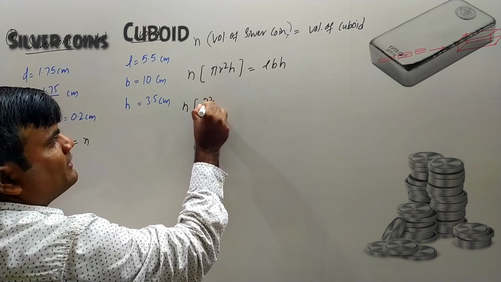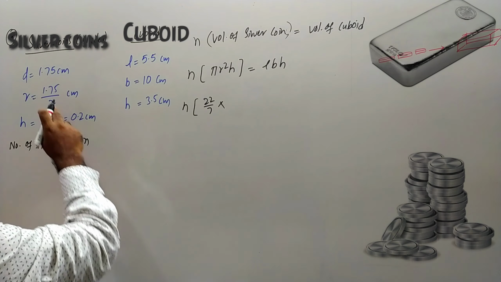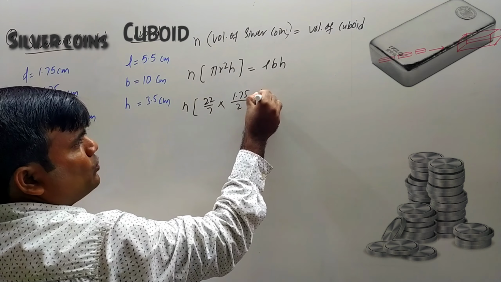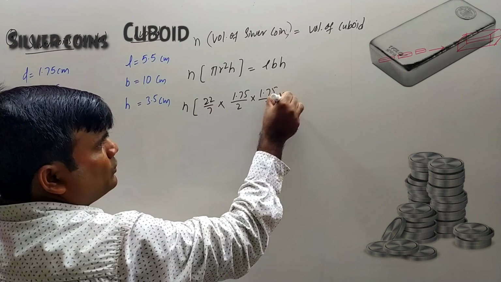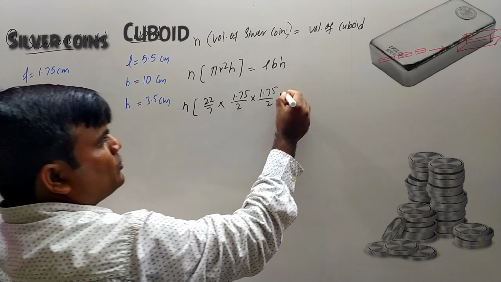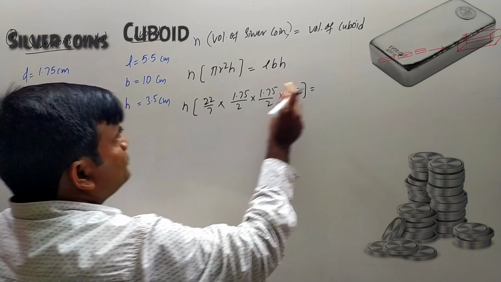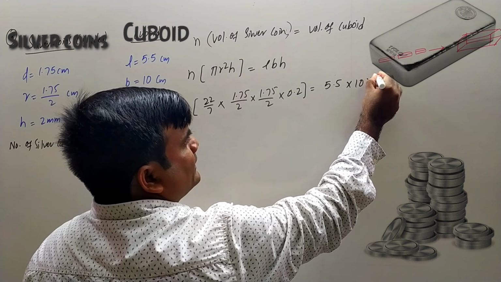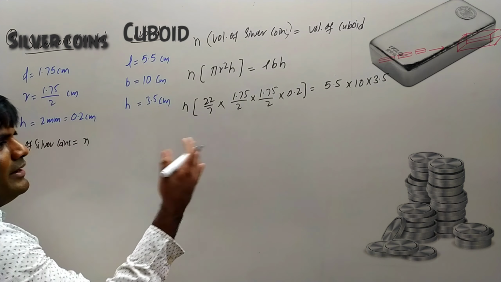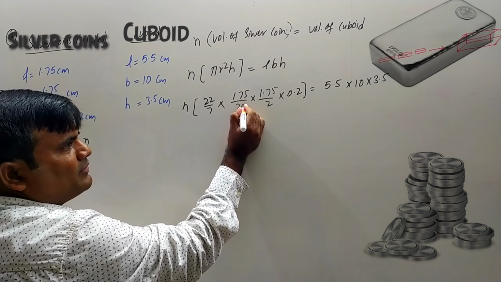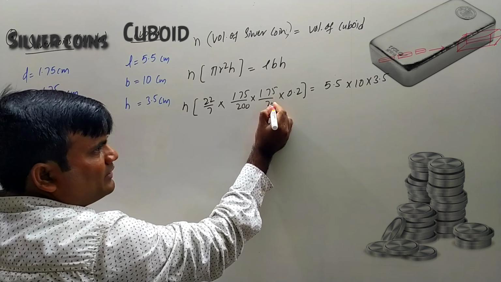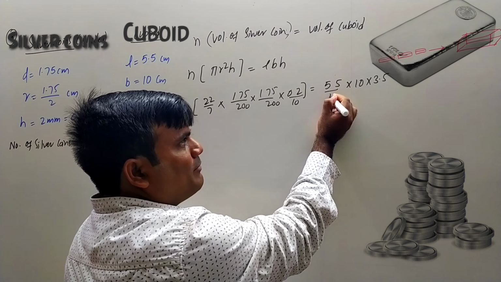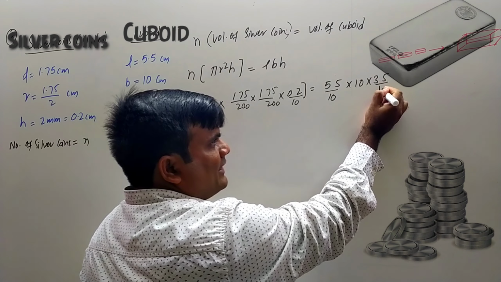So 22 by 7 into r is equal to 1.75 by 2 into 1.75 by 2 into h is equal to 0.2, is equal to L, that is 5.5 into 10 into 3.5. So better you transpose to right side, just remove the decimal symbol. Here you will get 200, remove decimal you will get 175, 2 by 10, remove decimal you will get 10.